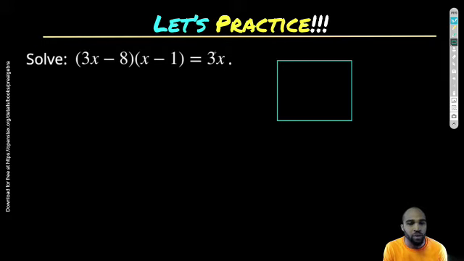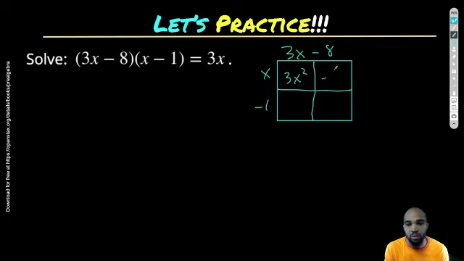So this eventually needs to come to the left so it can be equal to 0, but right now it's not. So what I'm going to do is multiply these two factors and then bring it over here to see what new factors we can come up with. So let's go ahead and multiply 3x minus 8 and x negative 1 to see what this is going to equal.